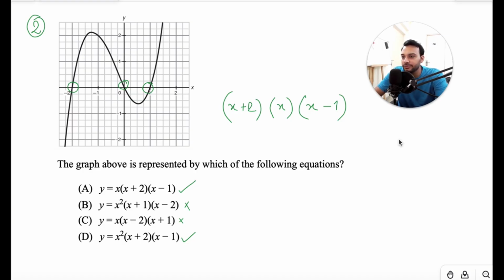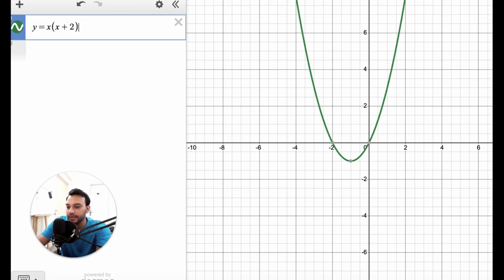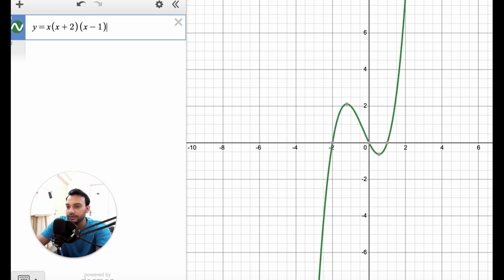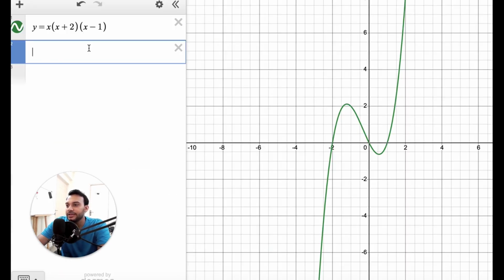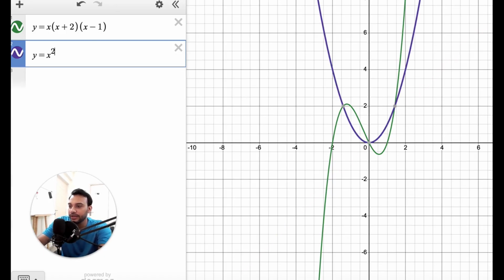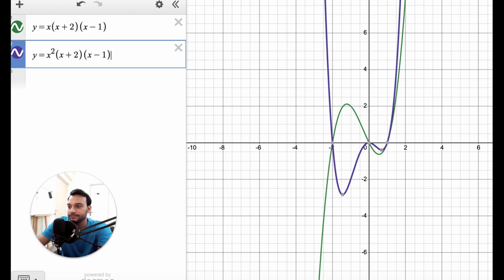So let's go to Desmos. I first do option A, y is equal to x, x plus 2, x minus 1. This is matching pretty much with the given image. Let's check the other one. y is equal to, so this is option D, x squared, x plus 2, x minus 1.